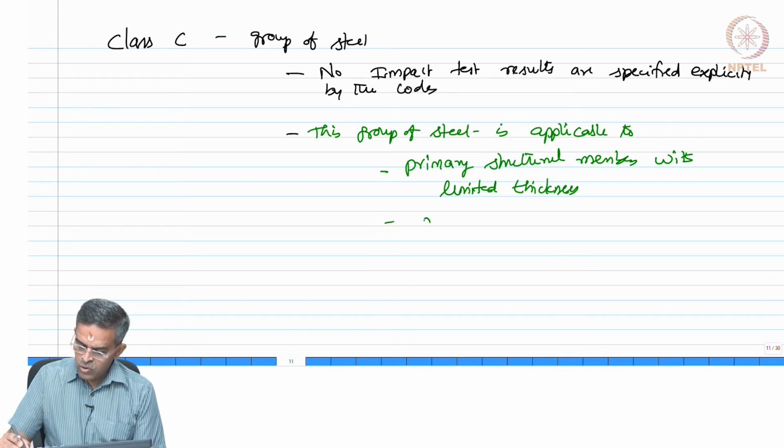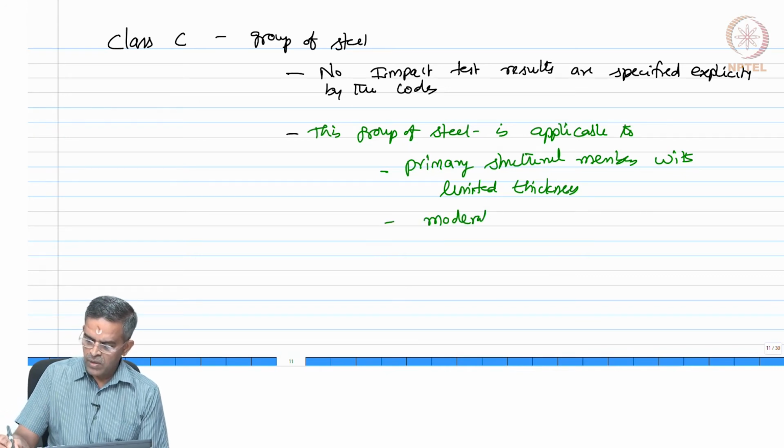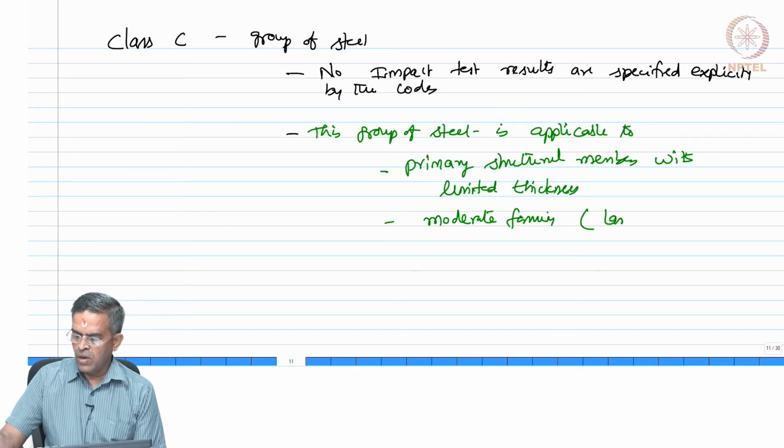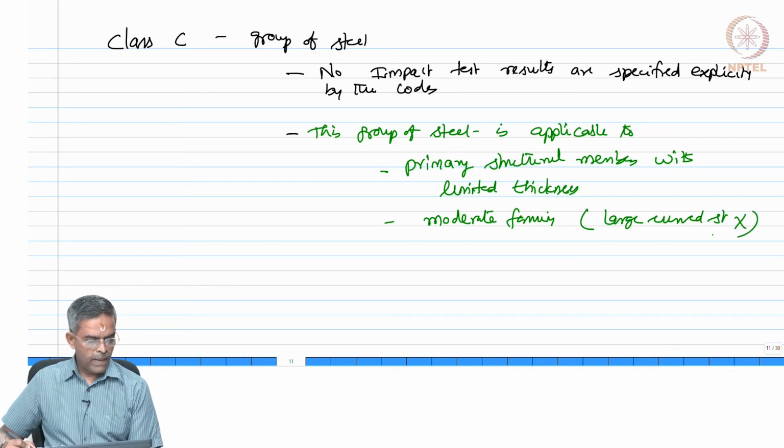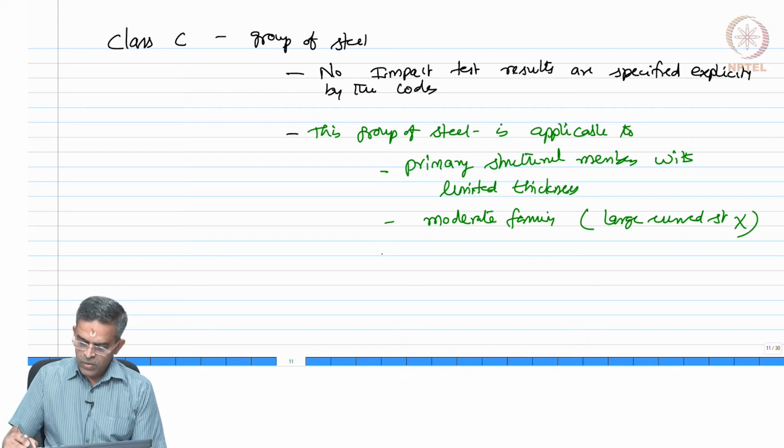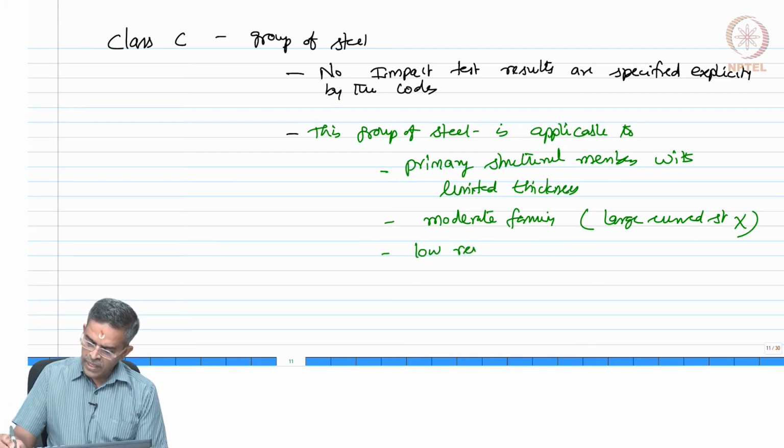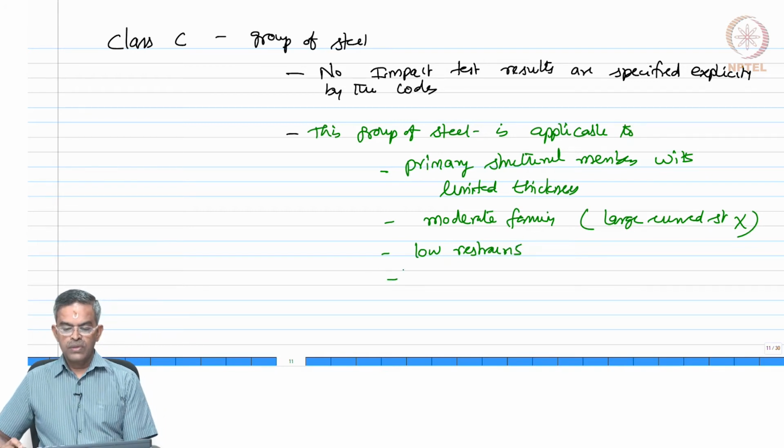They can also be used in structural systems with moderate forming, not large curved structures. Where you require low restraints you can use class C steel.